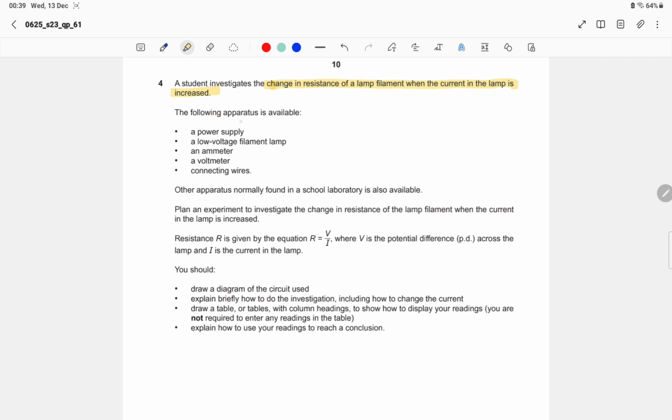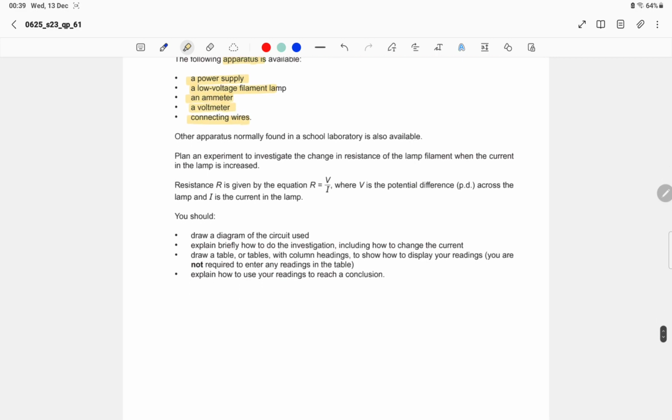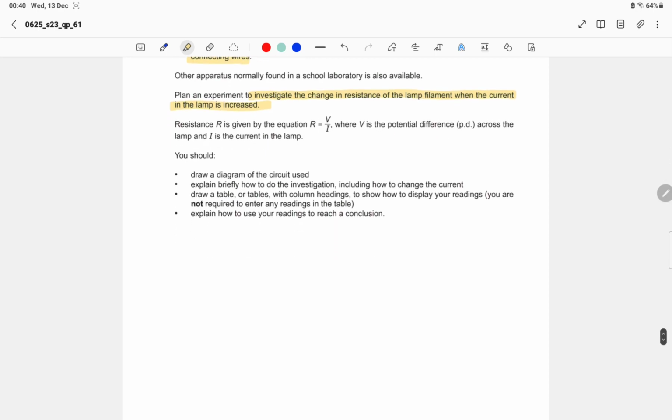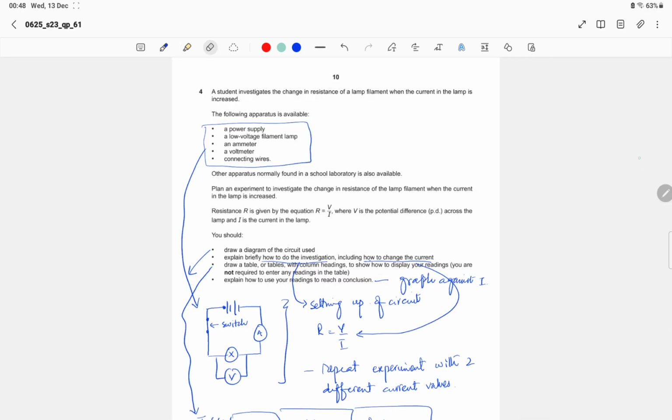These are the following apparatus: a power supply, low voltage lamp, ammeter, voltmeter, connecting wires. Other apparatus is normally found in the school library. Plan an experiment to investigate the change in the resistance when the current in the lamp is increased. Resistance R is given by this. You should draw the diagram used.